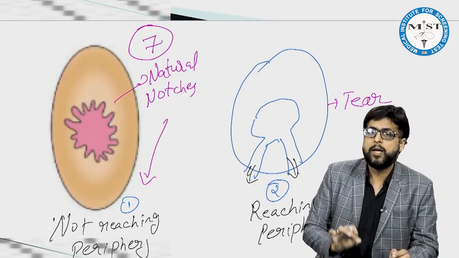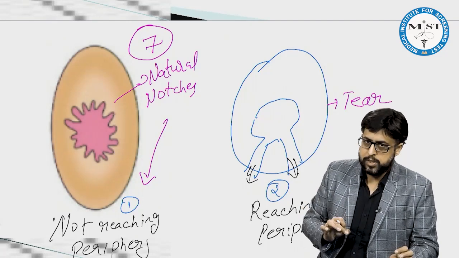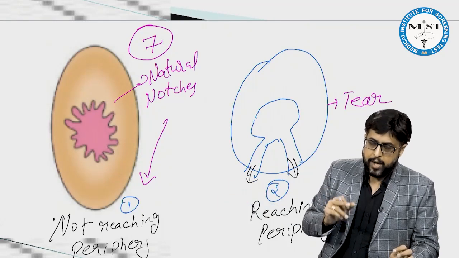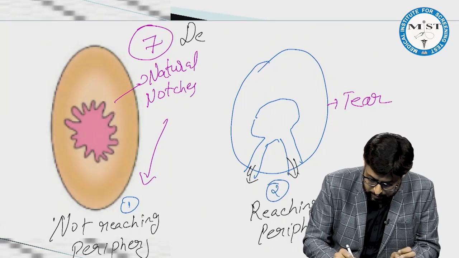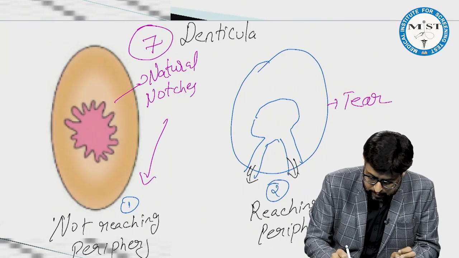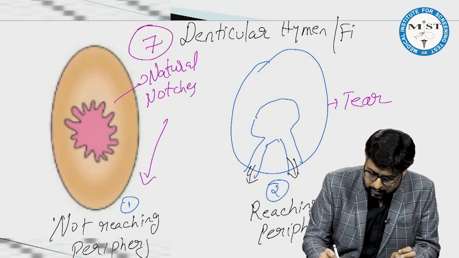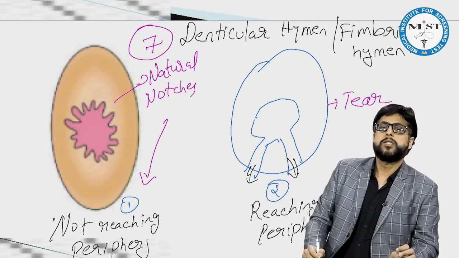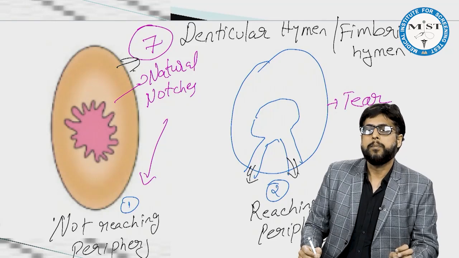And this particular hymen, which has multiple natural notches and can be confused with tears, is also called denticular hymen or fimbriate hymen. Clear? This is denticular hymen or fimbriate hymen.